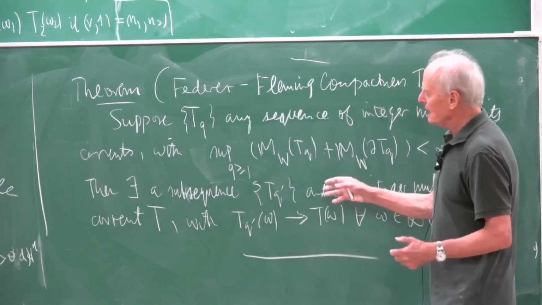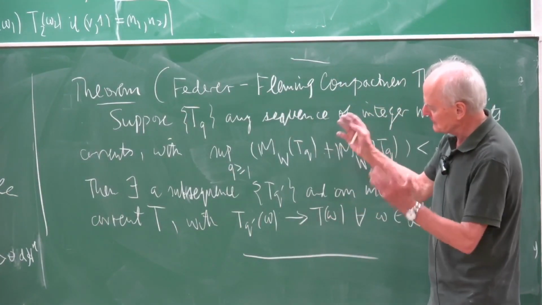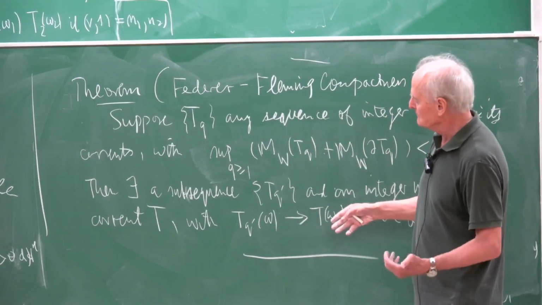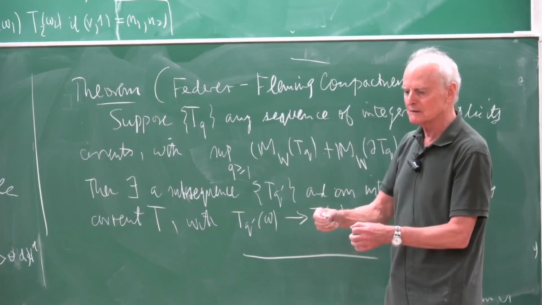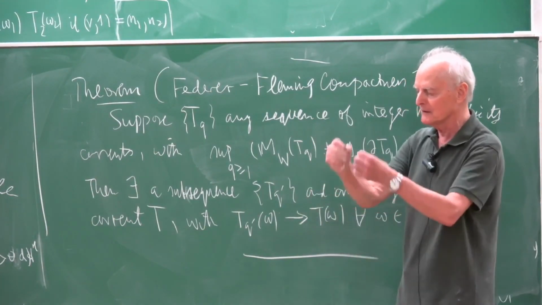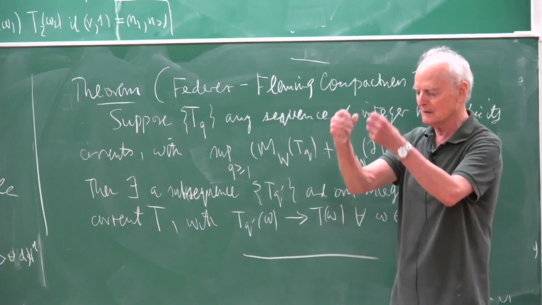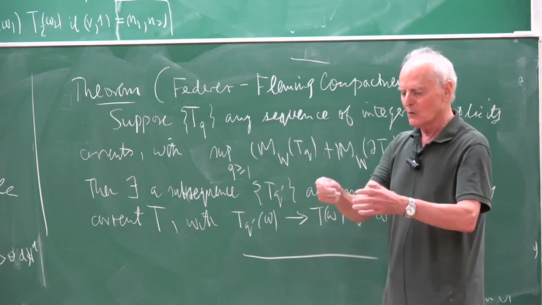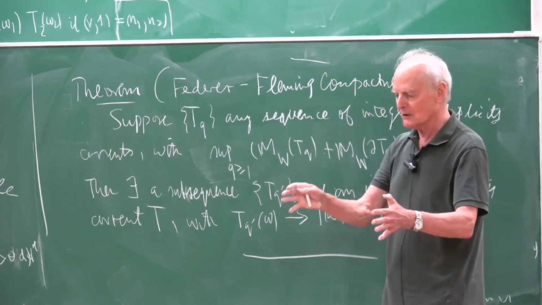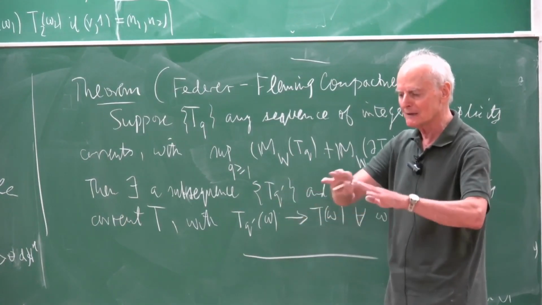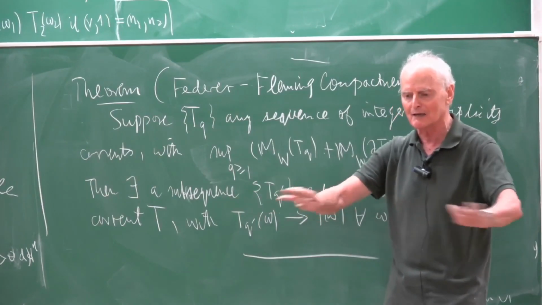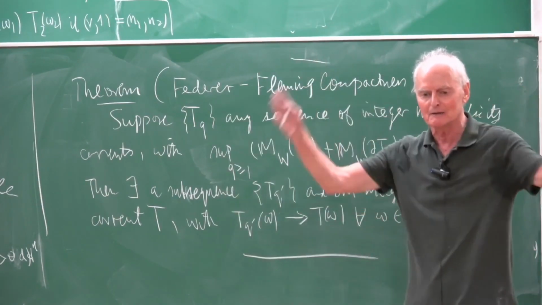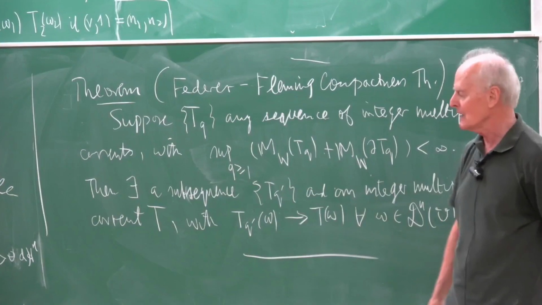I mean, as I pointed out a few sessions ago, nothing like this is true if you take varifolds, because then we had an example of a whole lot of vertical cylinders which have finite, locally finite mass, but then when you pass to the limit, they sort of get smeared out, and you don't get a rectifiable set. You get instead Lebesgue measure in the surrounding space. So it's nothing like this.